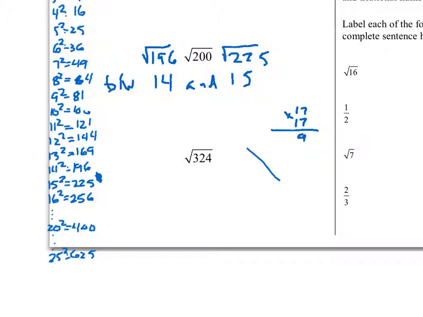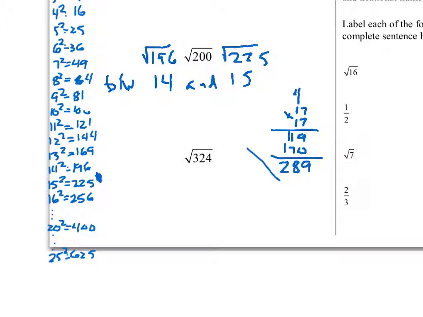Which is 9, carry the 4. 1, 1, 0, 7, 1, 9, 8, 2. So I get 289, so that's still going to be less.